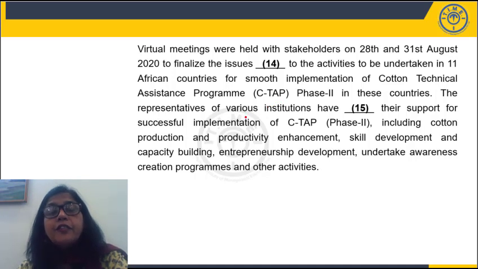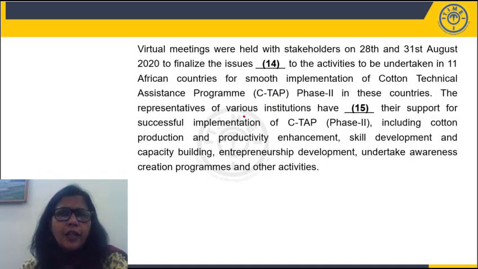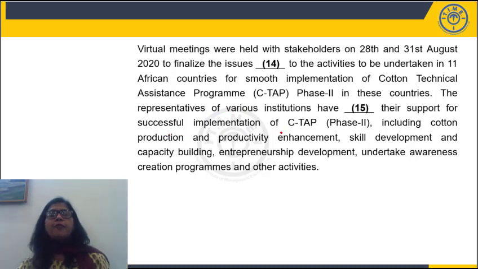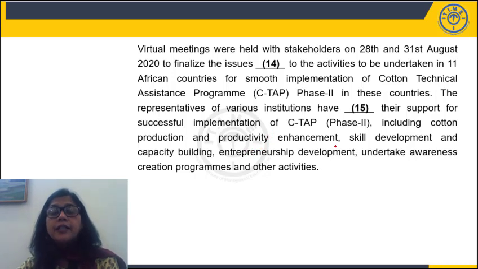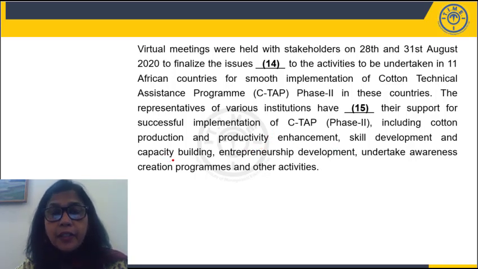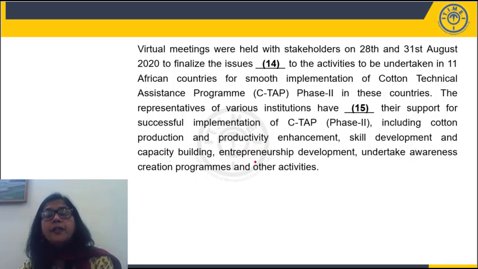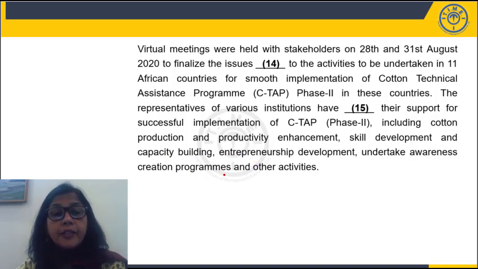The representatives of various institutions have dashed their support for successful, have offered, given, right? Their support for successful implementation of CTAP Phase 2, including cotton production and productivity enhancement, skill development and capacity building, entrepreneurship development, undertake awareness creation programs and other activities.